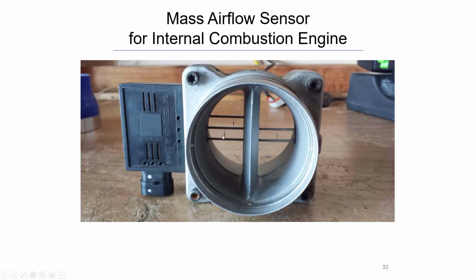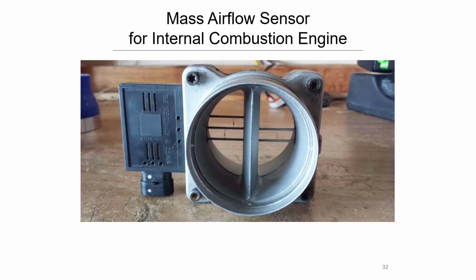And a constant current is set through these. So as current is set through, there's going to be heat generated. If the air is moving more quickly, it's going to remove more of that heat. So they're going to cool down. And so if it cools down, you get less resistance and you get more flow through it.